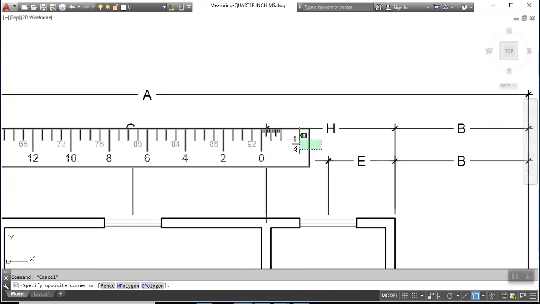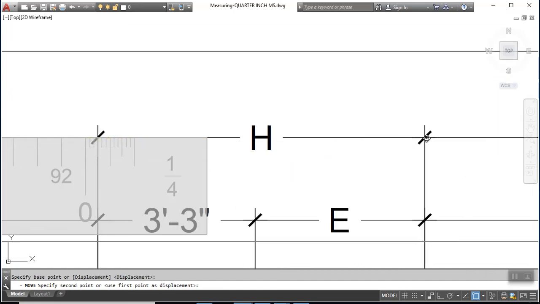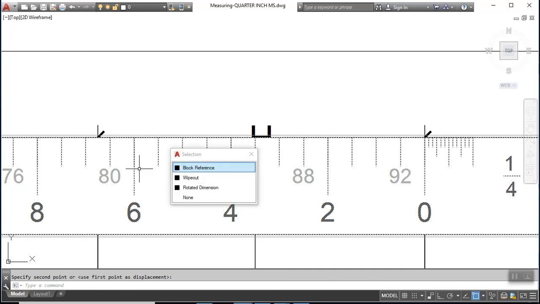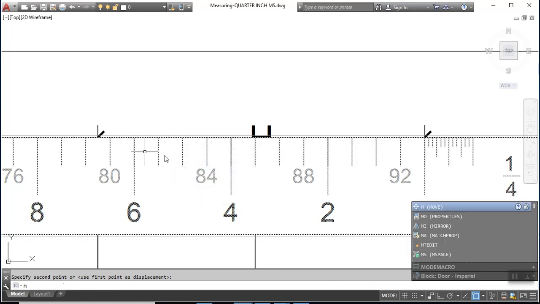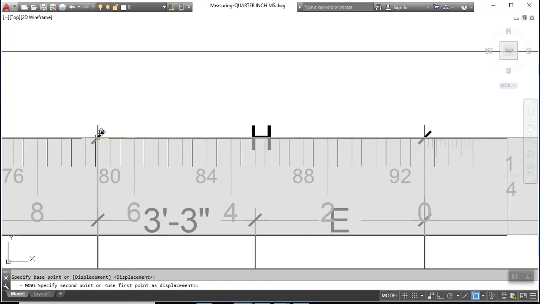And then here's our last one, H. We'll grab H. We'll start here. Okay. And then looks like it's a little bit more than 6, right? It's also a little bit more than 6.5. So again, the safest thing to do is move it to the nearest foot that falls below the mark.